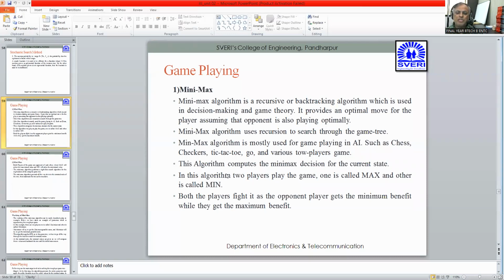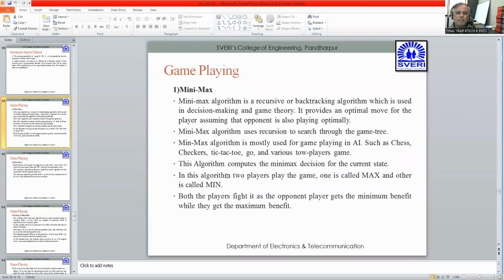We started with the first algorithm, which is called the minimax algorithm. We'll go back and revise the first slide, and then move on to the actual working of this minimax algorithm.